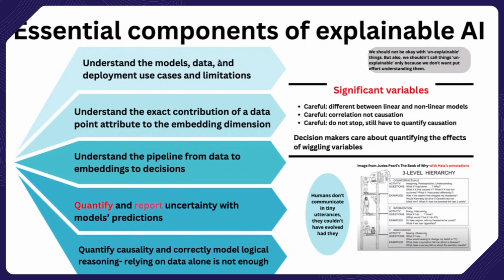You have to understand the models, the data, the deployment use cases, and the limitations of each of these models. Then you have to understand the exact contribution of a point attribute to the embedding dimension if you want your models to be explainable. You have to understand the pipeline from the data to embedding to a decision. If your AI is making decisions, you have to know how that pipeline worked, you have to quantify and report uncertainty with the model's predictions, and you have to quantify causality and correctly model logical reasoning.